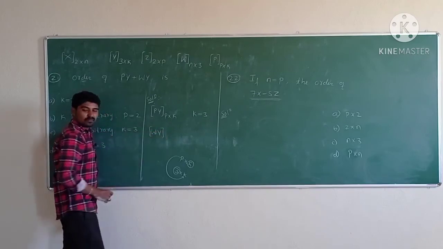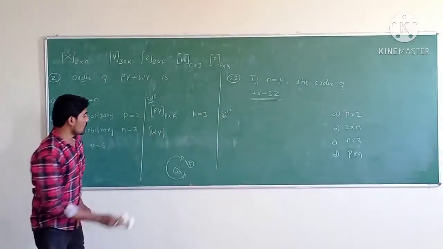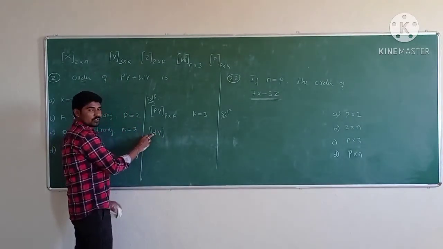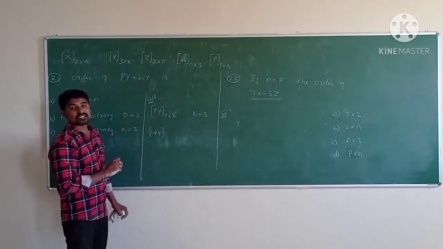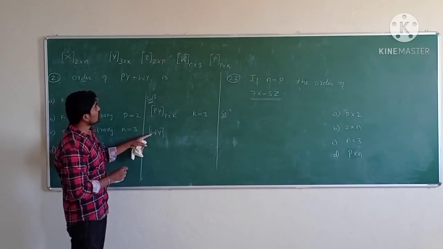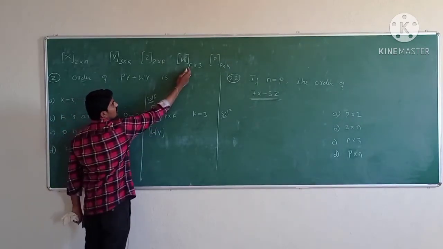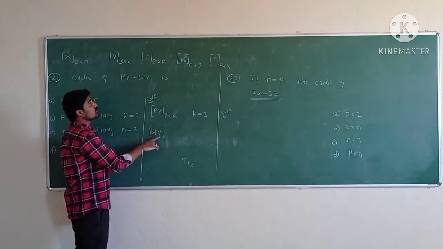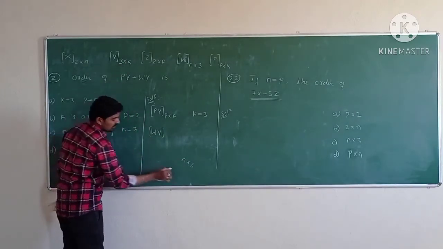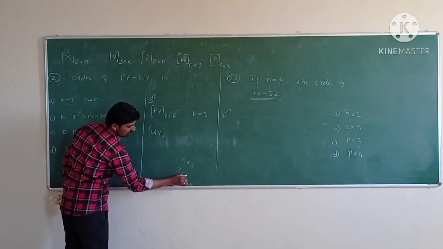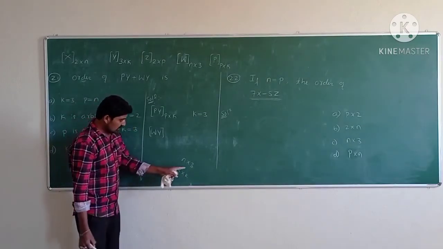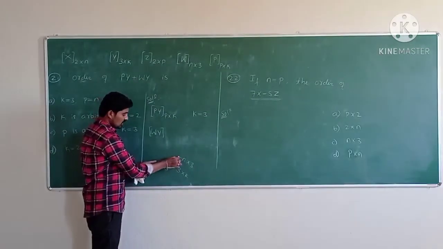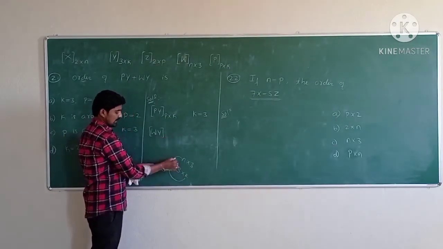The matrix WY is defined only when the number of columns in the matrix W is equal to the number of rows in the matrix Y. Here the order of the matrix W is n cross p, and the order of the matrix Y is 3 cross k. So here the number of columns is already equal to the number of rows. Therefore the order of the matrix WY is n cross k.